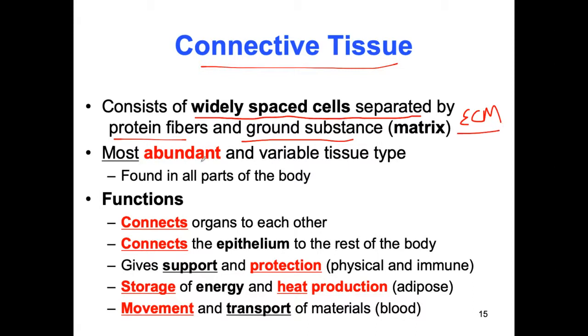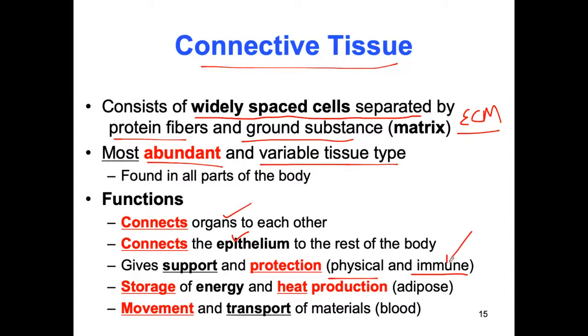Connective tissue is the most abundant and most variable type of tissue that's found in all parts of the body. And it's got a variety of functions. It's going to connect organs to each other. It even connects epithelium to the rest of the body. It gives support and protection, in terms of physical support and physical protection, even immune support and immune protection.